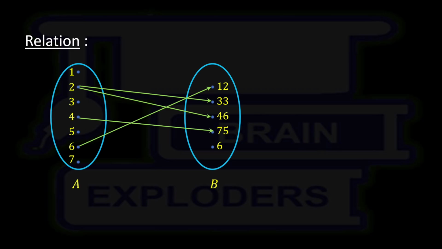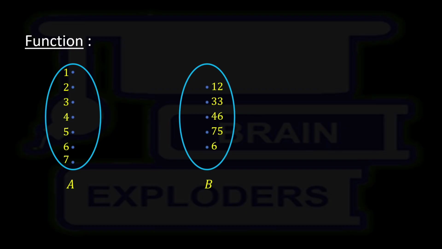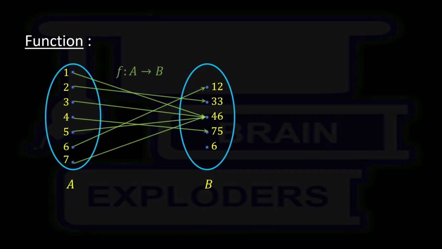Okay. Now let us talk about function. A function from a non-empty set A to a non-empty set B is a rule by which each element of set A is connected to exactly one element of set B. Here, the function is a special kind of relation in which, first of all, the elements of A are in use, right?